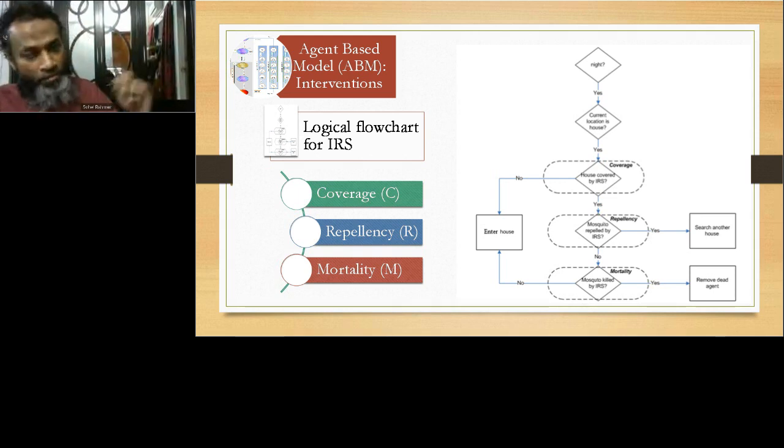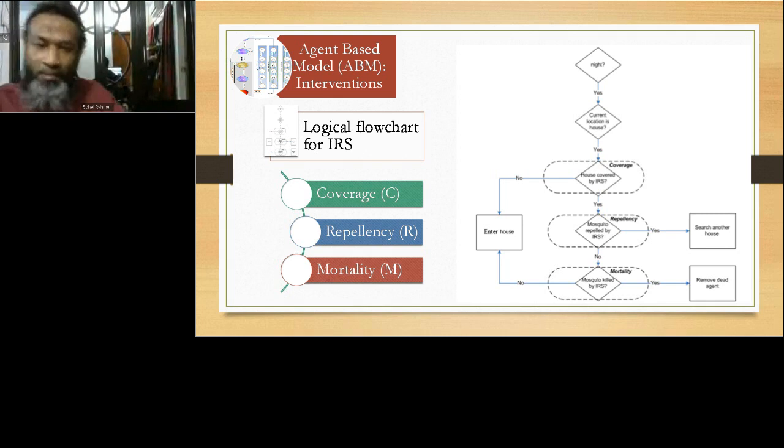As I was mentioning before, the adult mosquito goes through different stages. It looks for a blood meal. This is the blood meal seeking stage. After having a blood meal, it waits. It rests. This is called the blood meal digestion stage. When the digestion is done, it is ready to lay eggs, then it goes to the gravid stage. So IRS actually works in the blood meal digestion stage.